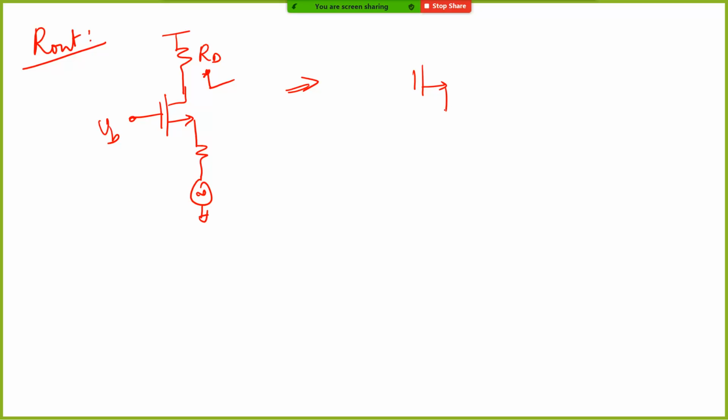So basically what it becomes is just RS to ground, and you have RD here, and this is also AC ground, right? So when looking up, you see RD, and looking down, what will be the impedance?